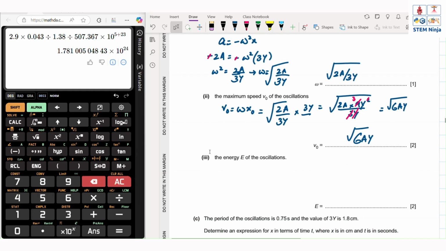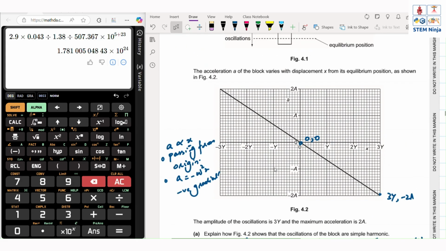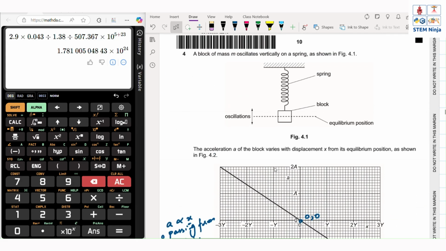Energy E of the oscillation. So total energy, you can see from the formula booklet also, is the maximum kinetic energy, half m v naught squared. We don't actually need to do this over here. So we have v naught squared, and do we have the mass? A mass m.